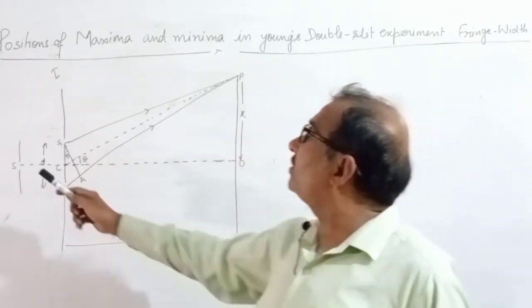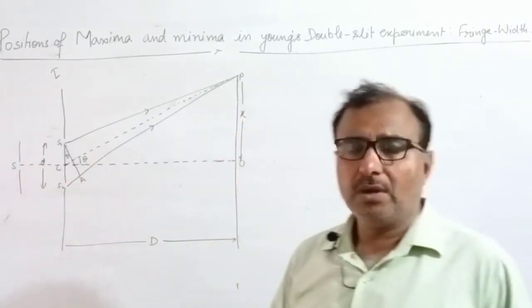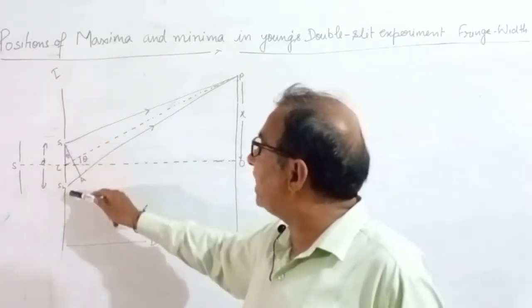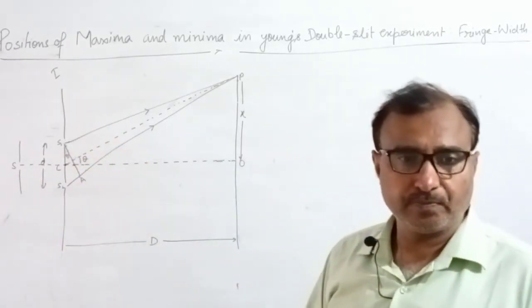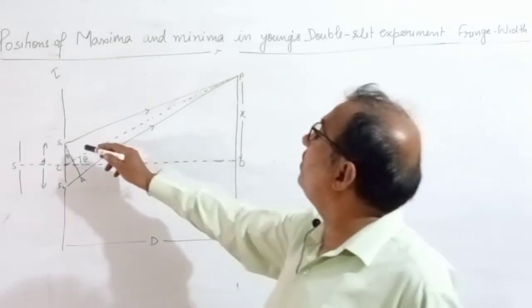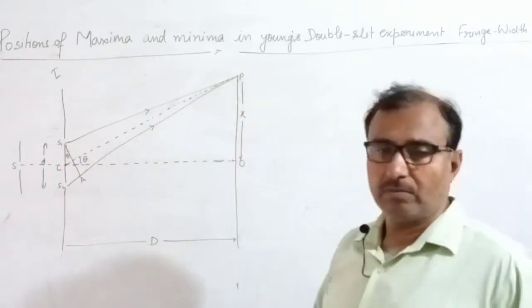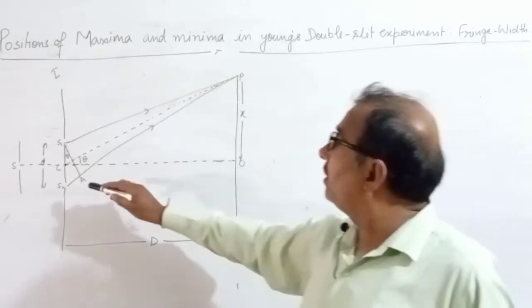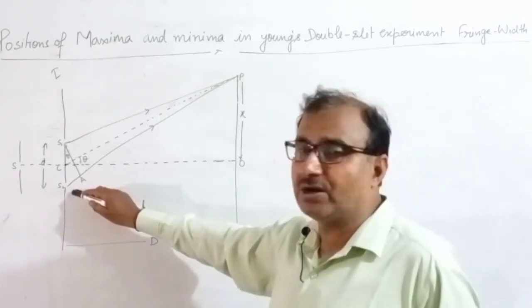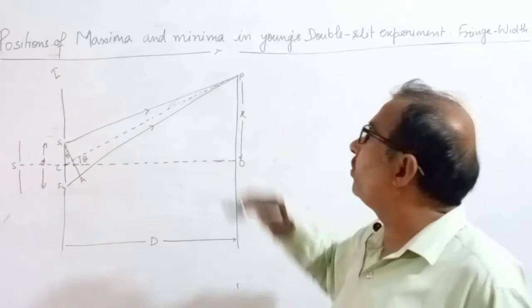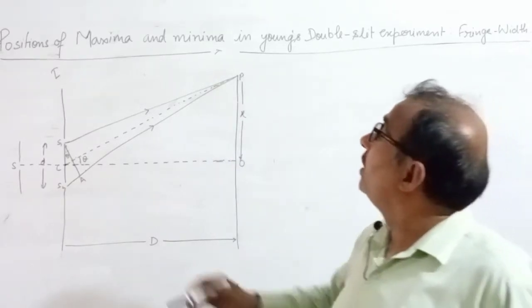The light starts from the light source S. When it falls on the two slits S1 and S2, one light wave travels from S1 and moves to point P, while the other light wave starts from S2 and moves toward point P again.